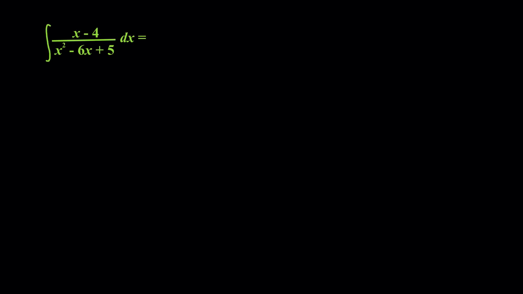All right, so the first thing that we're going to do is factor your denominator, which goes down to x minus 5 times x minus 1.